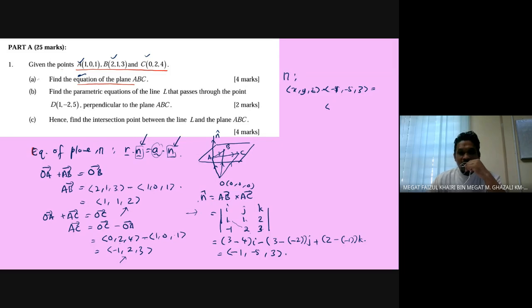To make my life easier, I choose the coordinate of A, which is 1, 0, 1, dot n, negative 1, negative 5, and 3.